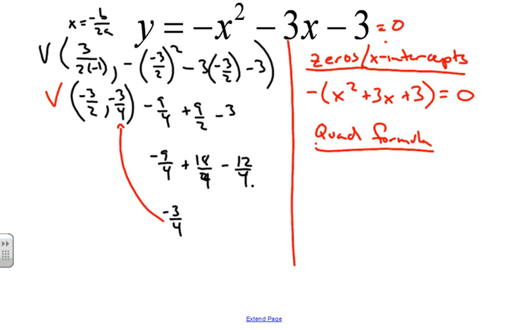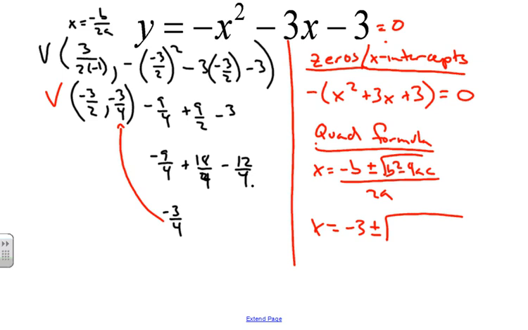And what we have is x equals the opposite of b plus or minus the square root of b squared minus 4ac, all over 2a. So we're going to use that. We have x equaling the opposite of b, which is negative 3, plus or minus the square root of b squared, which would be 9, minus 4 times a, which is 1, times c, which is 3, all over 2 times a, which is 1.